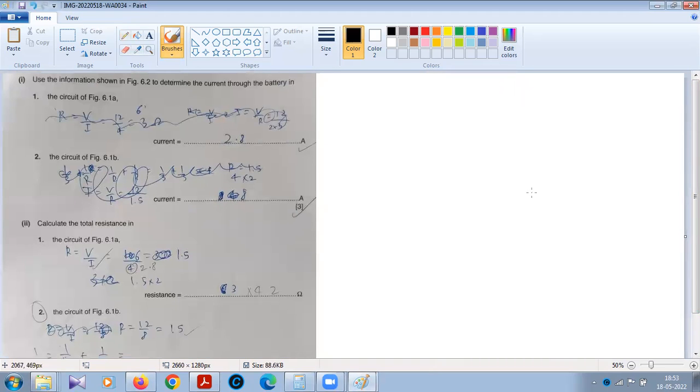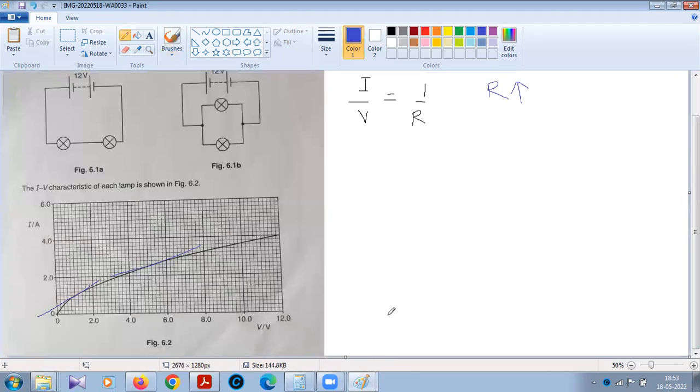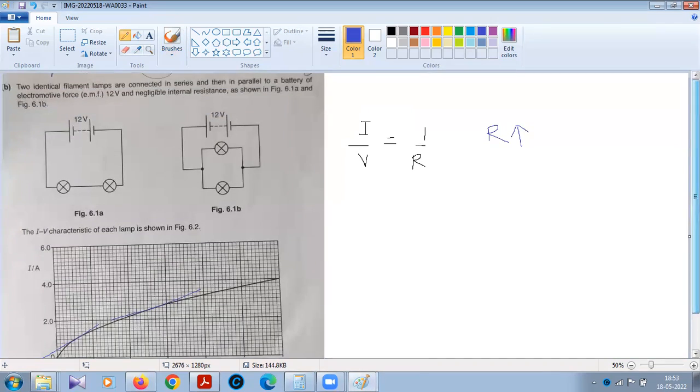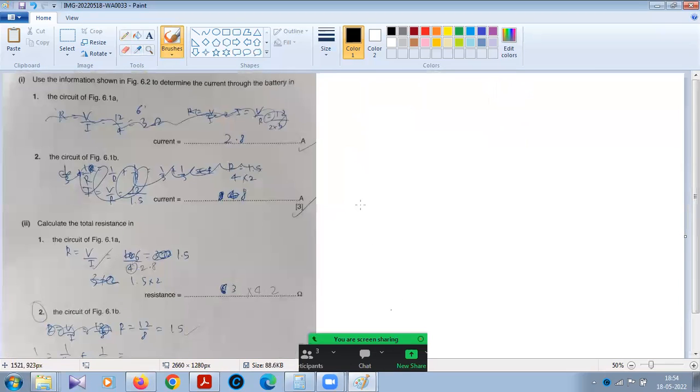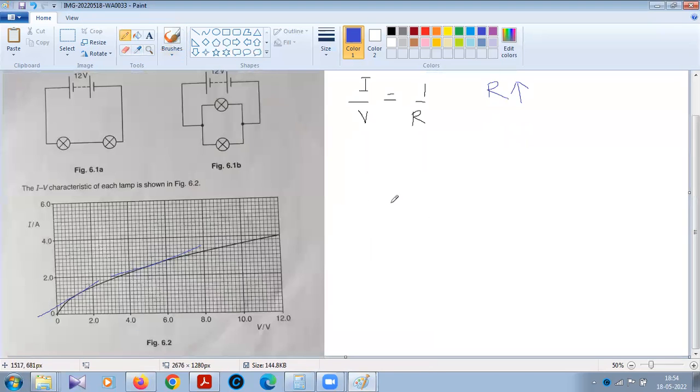Let me read the question. So it's a 12-volt battery. From the graph you can just read and find out.